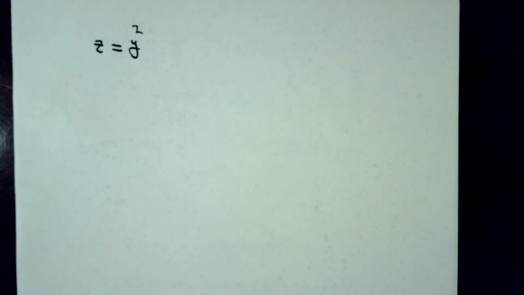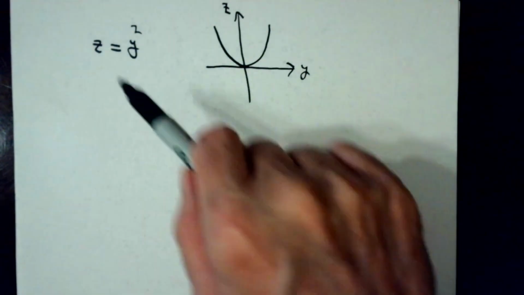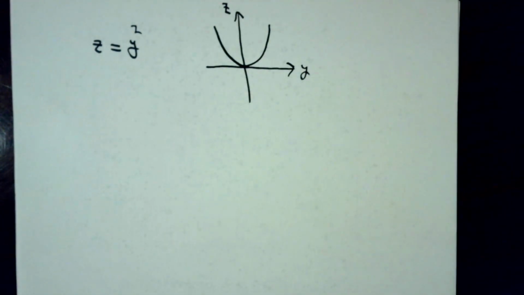As another example, let's think of the graph of the equation z equals y squared. If I'm working only in the two-dimensional yz plane, this is just a parabola. If I'm working in three-dimensional space, though, I should regard this equation as being something that relates x, y, and z.